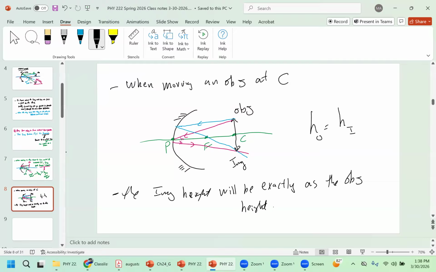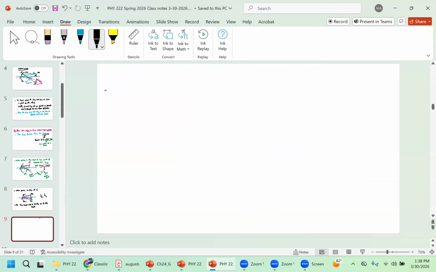Okay, now let's say we move the object beyond C. So let's say, okay, when moving the object between F and C. So again, let me draw it a little bit bigger this time.